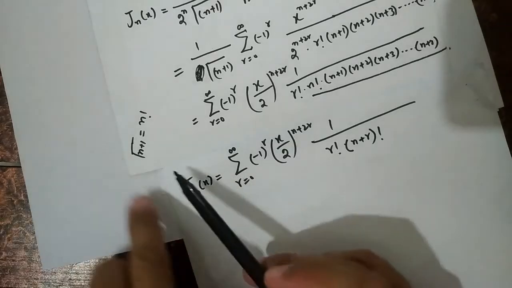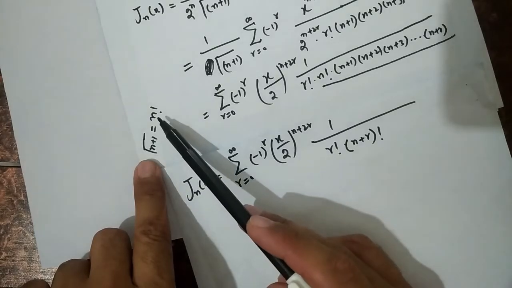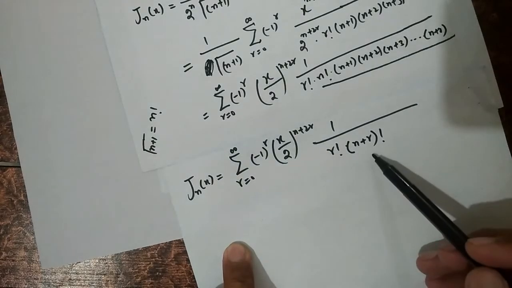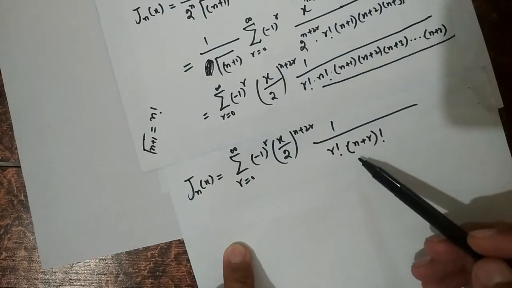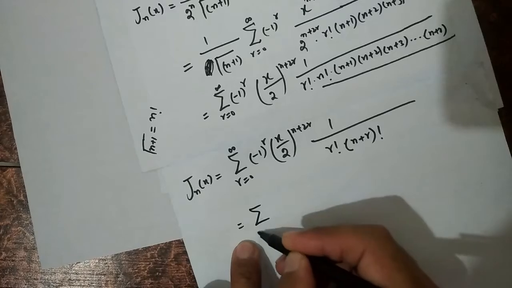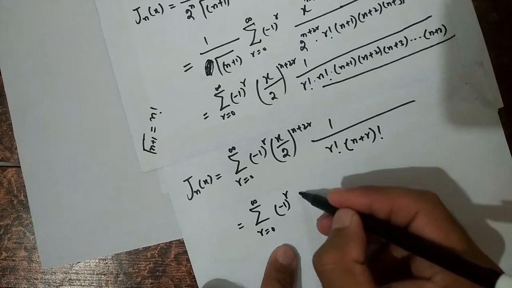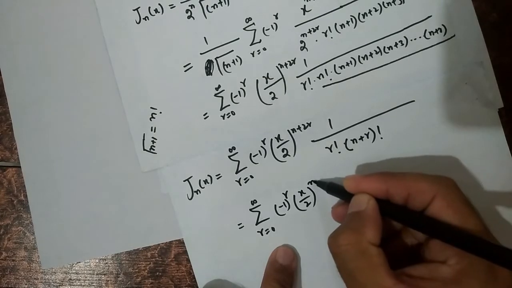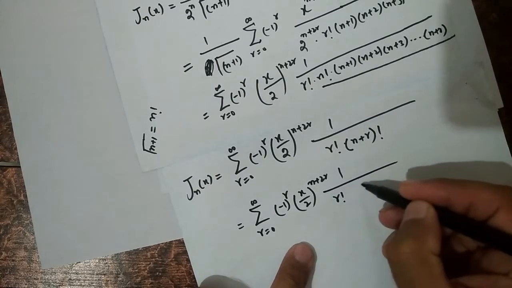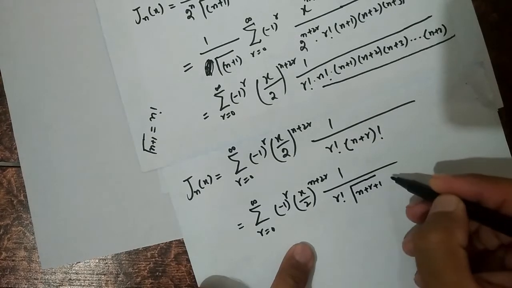And also by using this property that gamma n plus 1 is n factorial, n plus r factorial will be equal to gamma n plus r plus 1. Clear? So it will become summation from r equals 0 up to infinity, minus 1 to the power r into x divided by 2 whole to the power n plus 2r into 1 upon r factorial into gamma n plus r plus 1. Clear?